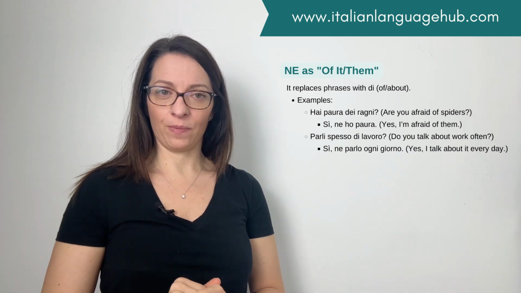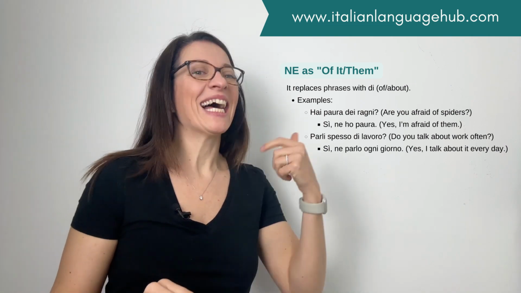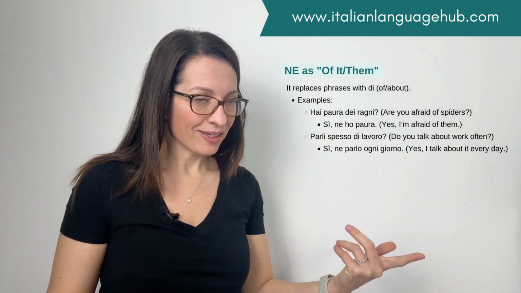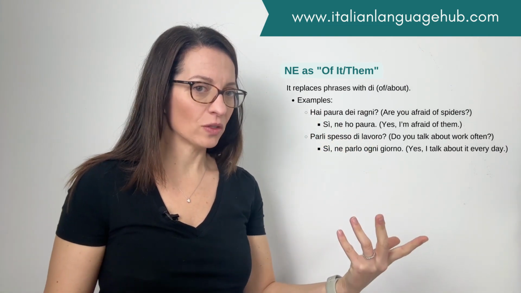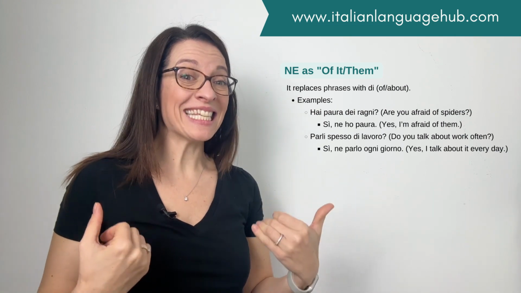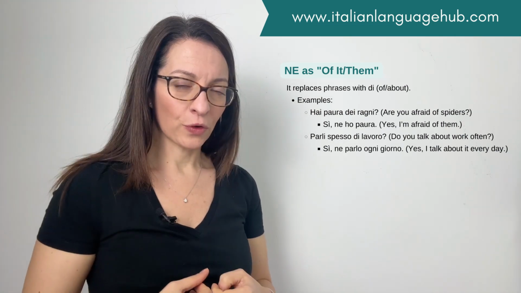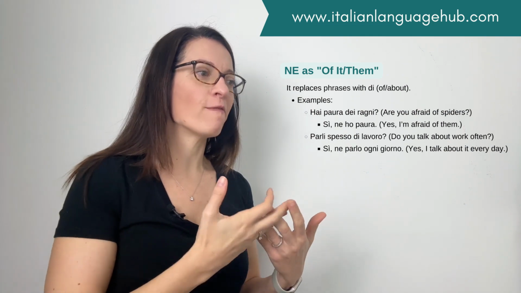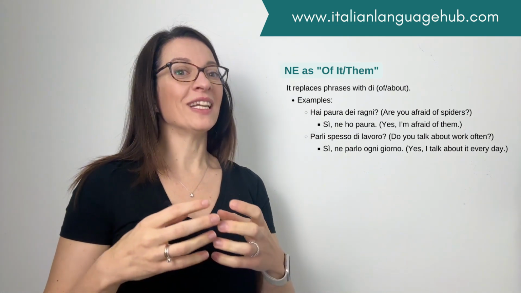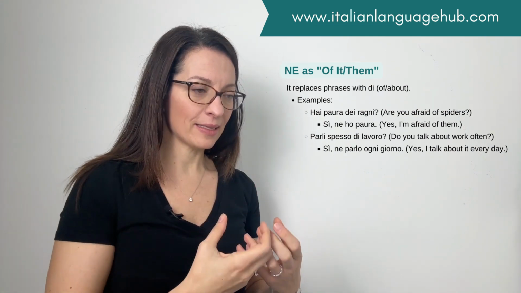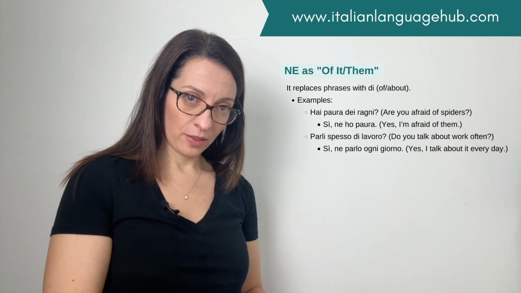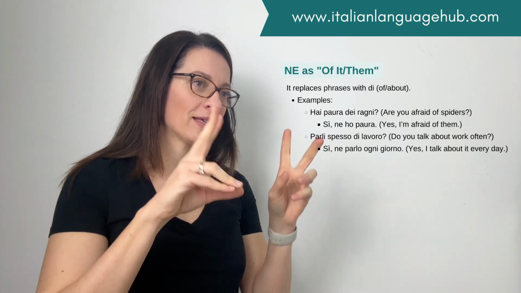For example, hai paura dei ragni? Are you afraid of spiders? I can answer sì, ne ho paura. So yes, I'm scared of them. So ne replaces spiders, so it will replace them.